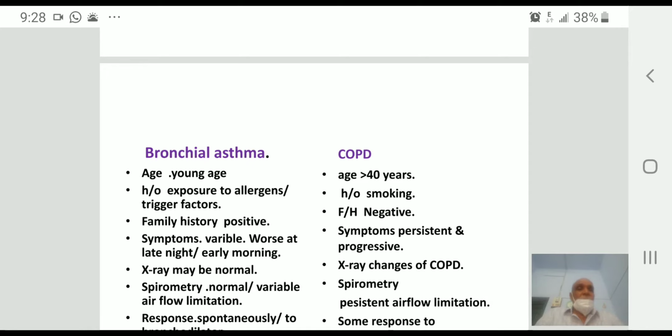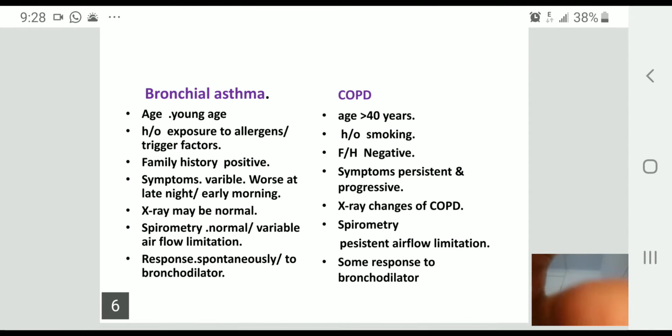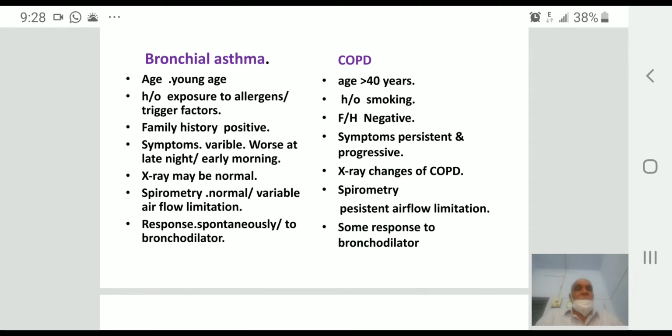But in bronchial asthma, spirometry may be normal between two episodes. When the patient has an episode, spirometry shows an obstructive pattern. In bronchial asthma, the episode subsides spontaneously or with medication, a bronchodilator.